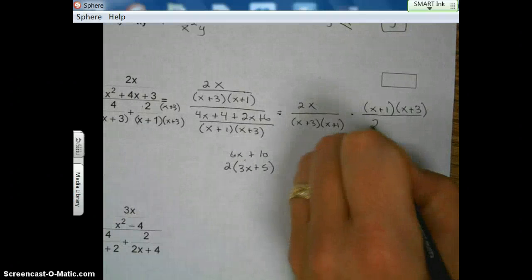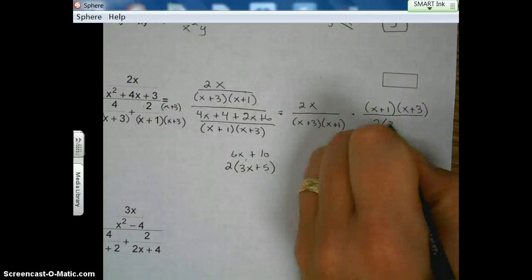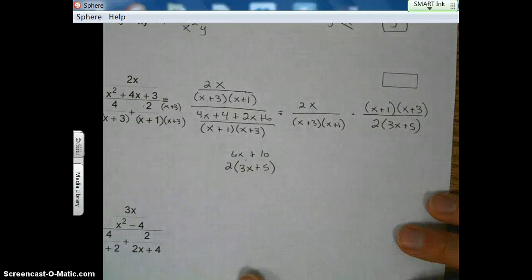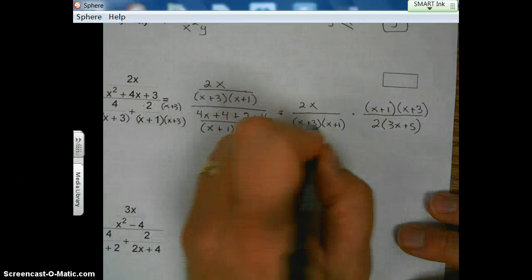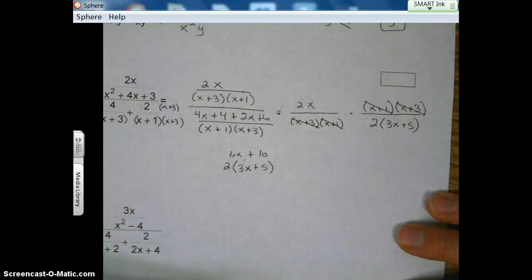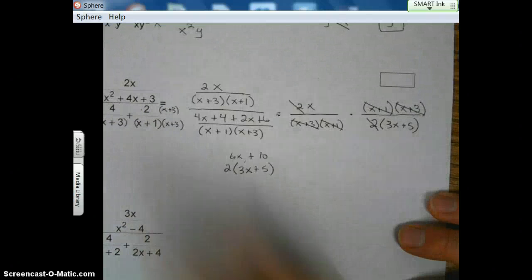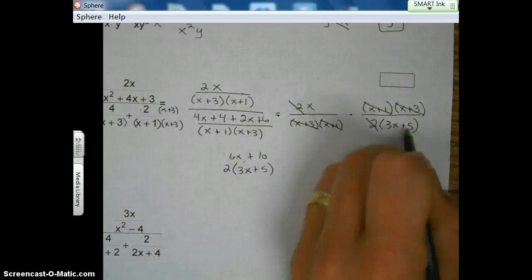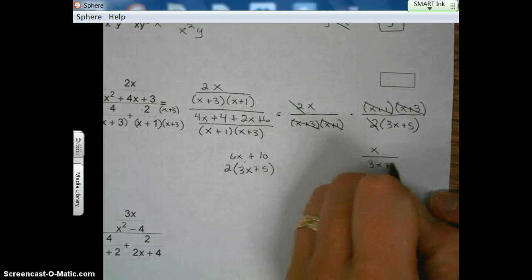So I'm going to have 2 times 3x plus 5. Okay. X plus 3 cancels. X plus 1 cancels. 2's cancel. So on top we're left with an x. On the bottom, 3x plus 5.